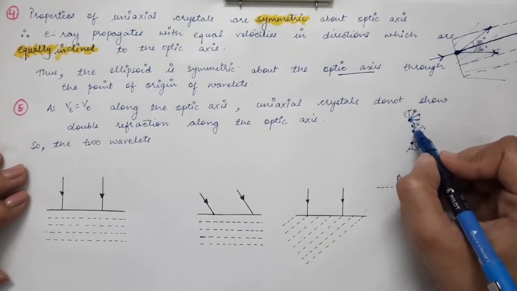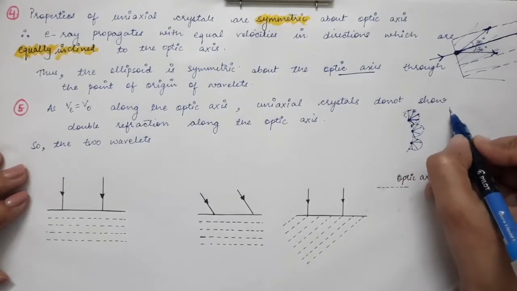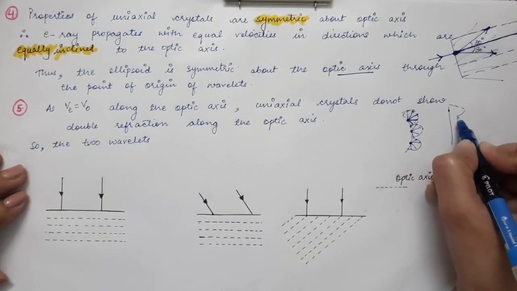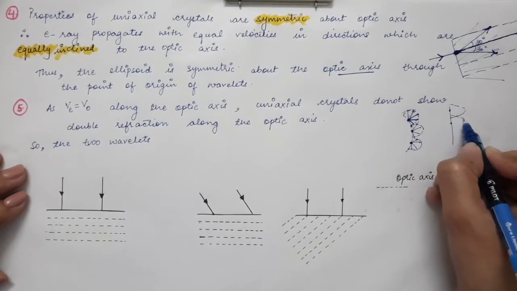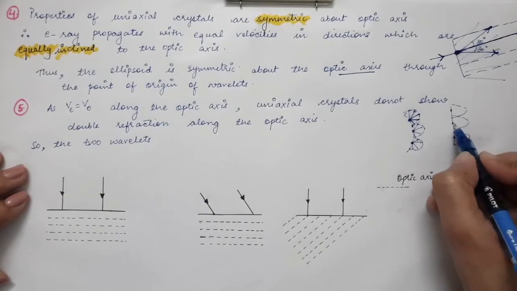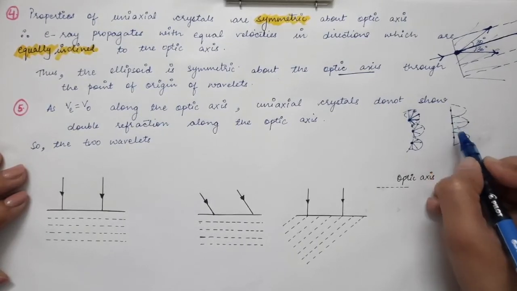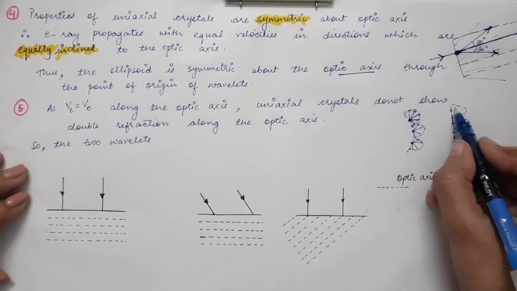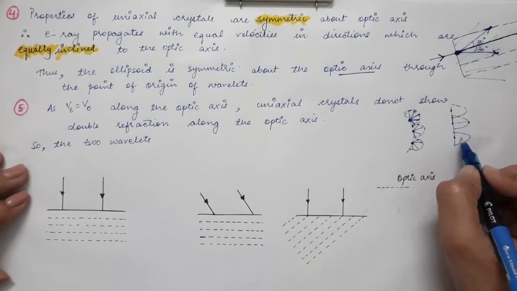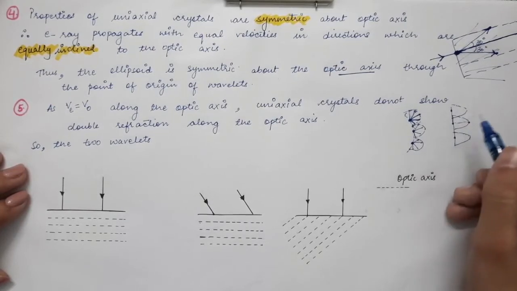Therefore, the wavelets for the E ray are not spherical but ellipsoid. They will be something like this: they travel a larger distance in one direction and a minimum distance in the perpendicular direction. So for the E rays, the wavelets are ellipsoid in shape because the velocity is different in different directions.